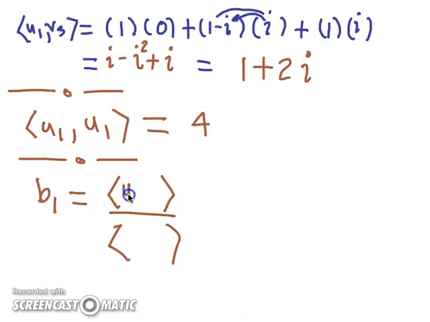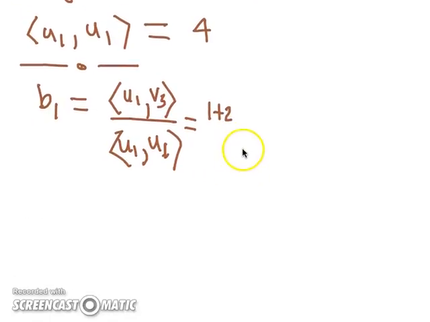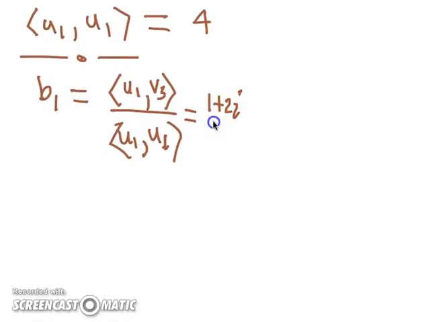This is U1 V3, and then U1 times itself. So this would be 1 plus 2i divided by 4, which gives us 1/4 plus 2/4 times i.